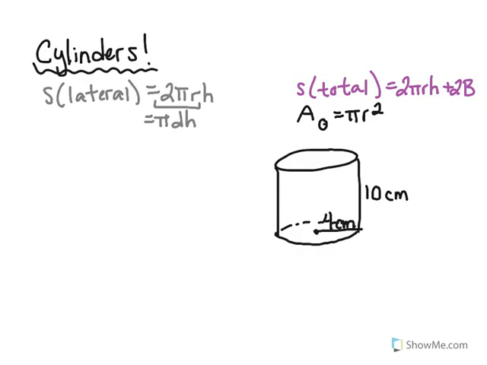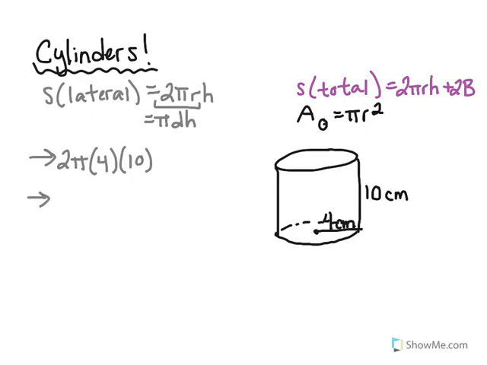Okay, so let's go ahead and go through the process of finding the areas here. So we'll do the lateral area first. So that's 2 times pi times the radius, which in this figure is 4 centimeters, times the height, which is always a perpendicular height, which is 10. So I think it would be a lot nicer to leave this answer in terms of pi, otherwise we're going to have a decimal.